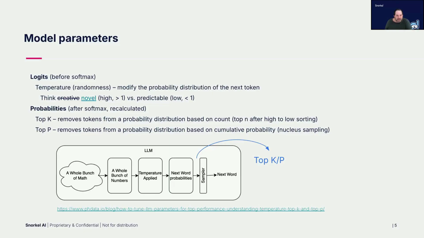So that temperature setting I was just talking about is really modifying the logits to result in, say, an accentuated distribution, right? The most probable will become even more probable, the least probable even less, or vice versa, depending on the setting. You get your probability distribution, that's when your top K or top P are applied.